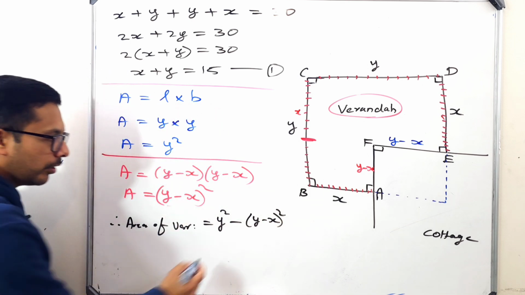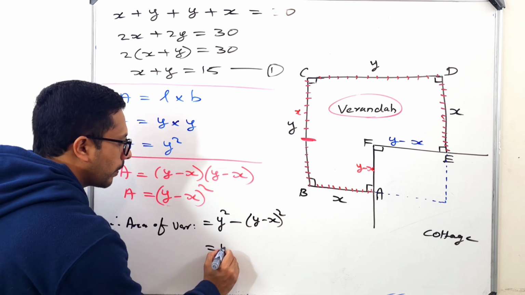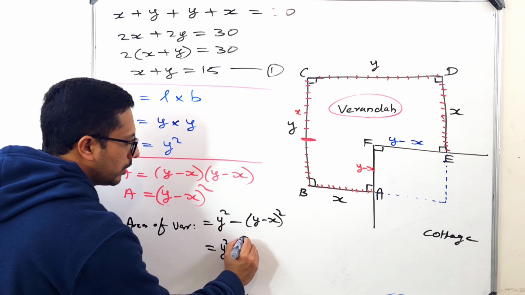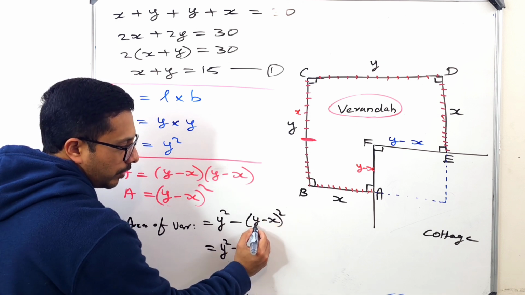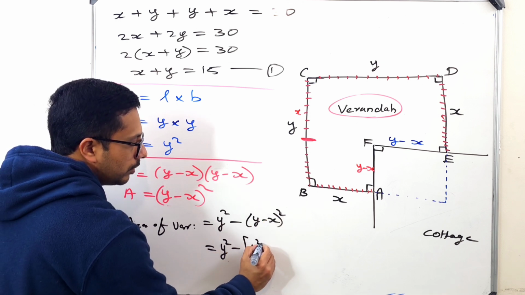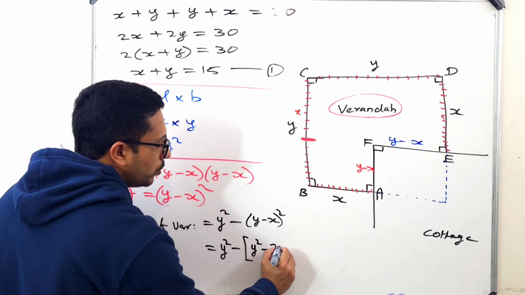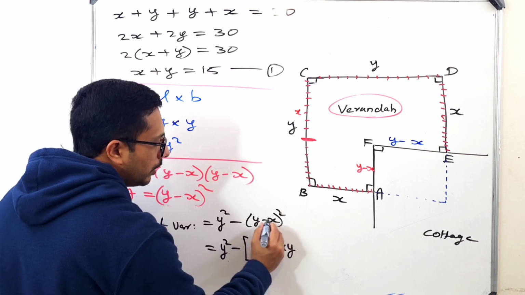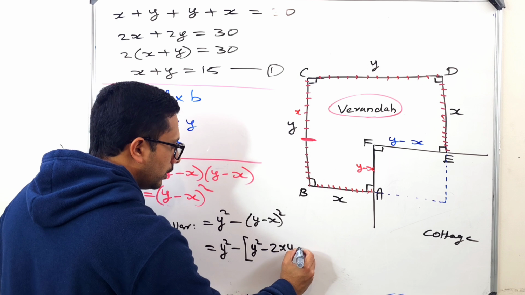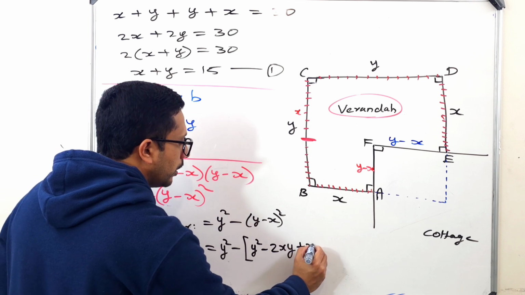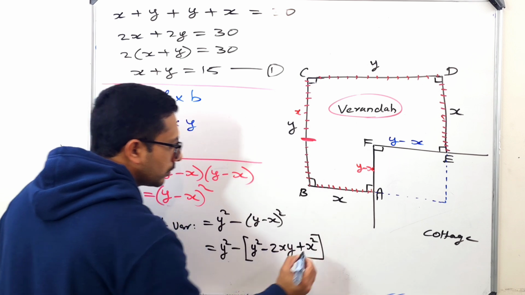Okay, so we have to expand this one. Y square minus, expand this one: y square, 2 into y into x, that means minus 2xy, minus x square, that is plus x square.